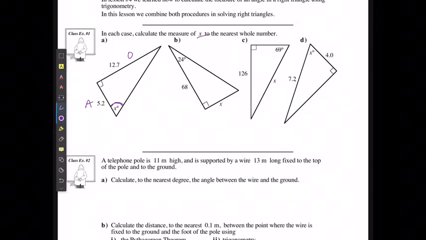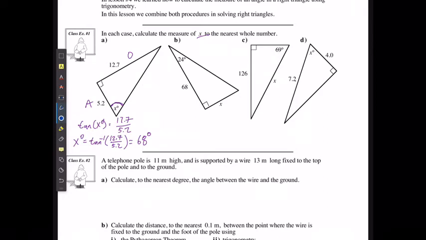The only one with opposite and adjacent is going to be tan, so I'm going to say that tan of x is equal to the opposite 12.7 over the adjacent 5.2, which means that x is going to equal tan to the negative 1 of 12.7 over 5.2, or in this case, x is going to equal 68 degrees.